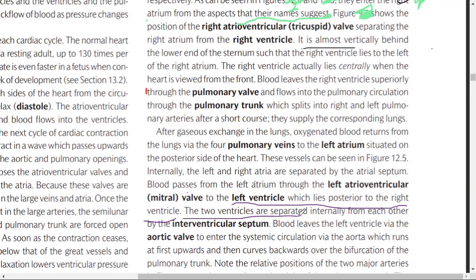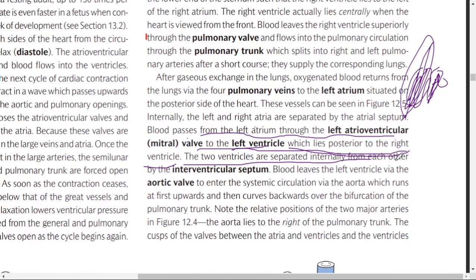The 2 ventricles are separated by an internal fold, and the blood passes from the atrium through the left atrioventricular valve to the left ventricle, which lies posterior to the right ventricle. So everyone is lying posterior. This is the right ventricle, and this is the left ventricle, which is posterior. This is posterior, and this is anterior.